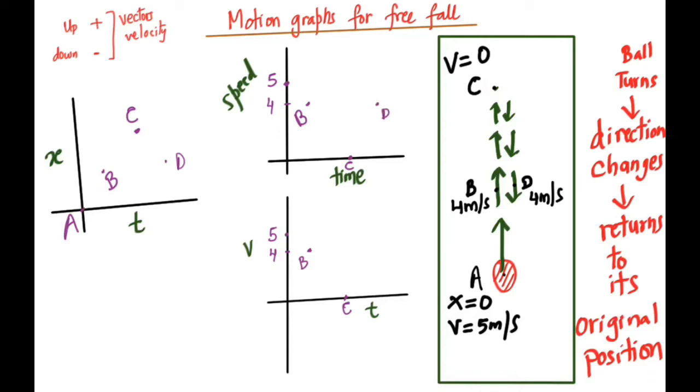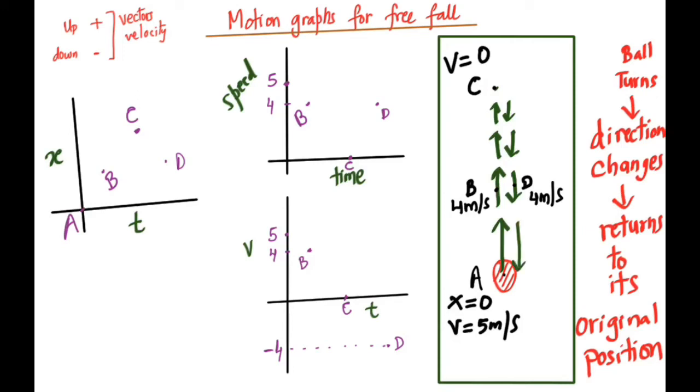So we will draw the speed at point D, which is at 4 meters per second. And the velocity will be negative 4 meters per second because it's a vector quantity. So that's a very important difference in the speed time graph and velocity time graph. The speed remains 4 meters per second, whereas velocity is negative 4 meters per second because of its direction, which is downwards.